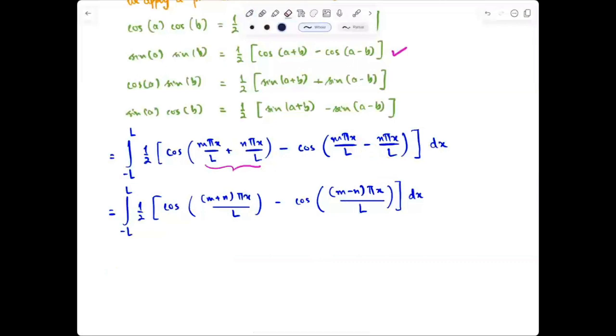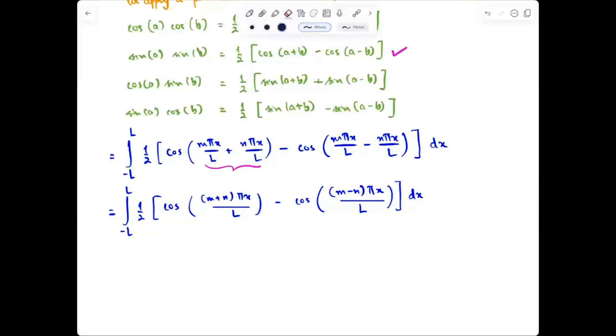Okay, so what is m plus n and what is m minus n? Since m is an integer and n is also an integer, a sum of two integers should give you an integer. The same goes for m minus n, which should give you an integer as well.